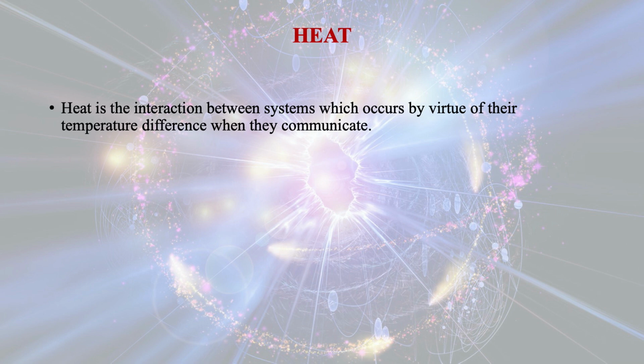Heat is the interaction between systems which occurs by virtue of their temperature difference when they communicate. What are the two parameters needed? Temperature difference and communication. Heat will always flow from a body of higher temperature to a body at lower temperature if there is a communication between the two bodies.